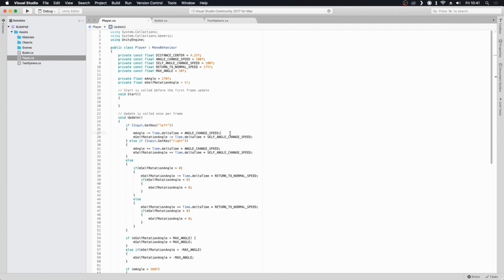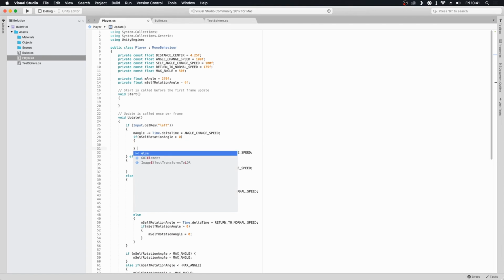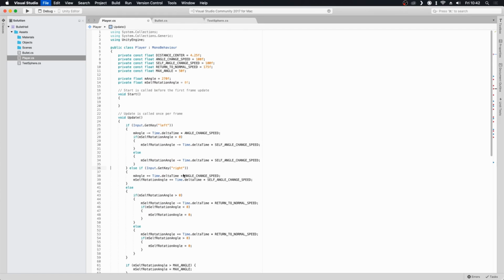But also if this is still greater than 0, so that means it's rotating to the other side. I'm gonna make it rotate faster. And same for this side.